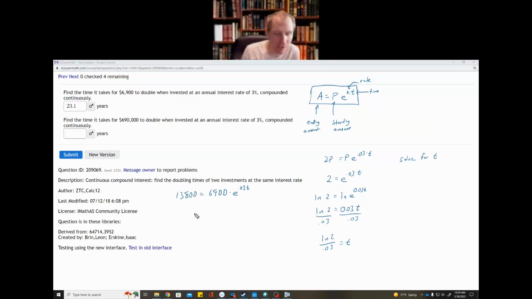And then when you divide both sides by 6,900, you'll get 2. Same thing, if you change the amount, that doesn't matter. Once you divide both sides by that, you'll just end up with 2 because the ending amount is exactly double, right? So you'll get back to this spot either way. So you get the same time.